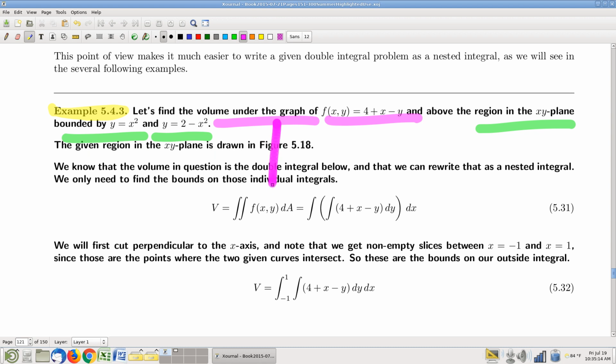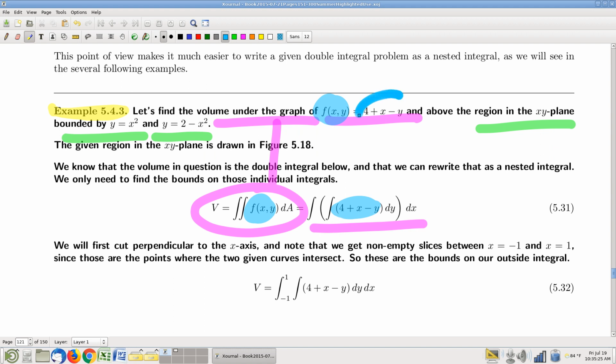Volume under a graph is a double integral, which I'm going to rewrite as an iterated integral, and the function whose graph I'm looking at is my integrand. So I don't really need to see a picture of the domain to realize, from the application in question, what my integrand is.